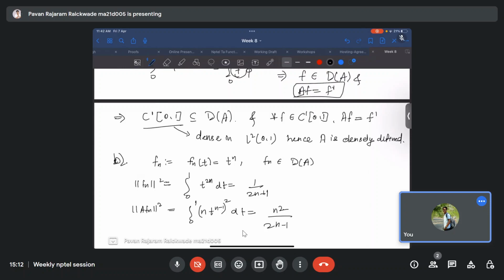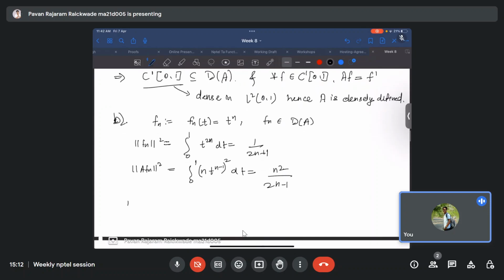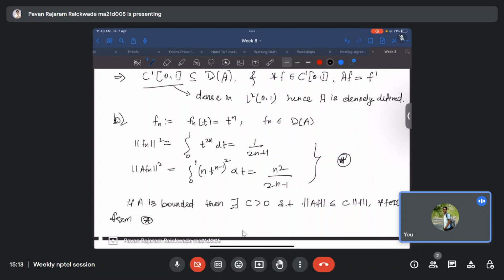But you can see now what we need is, if A is bounded, then there should exist a constant C such that norm of AF should be less than or equal to C times norm of F for all F belonging to the domain of A. But from this star here, our norm of Fn goes to 0, but norm of AFn goes to infinity.